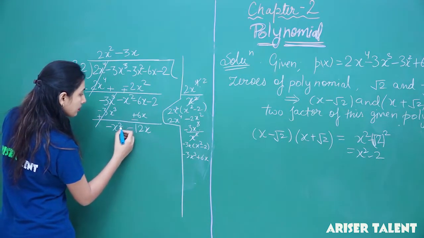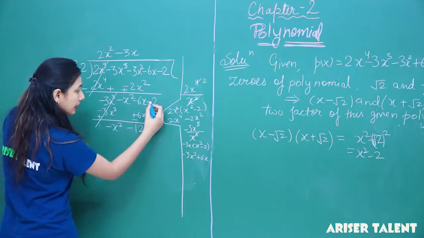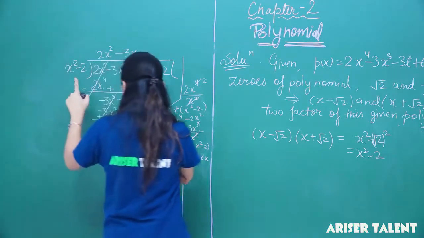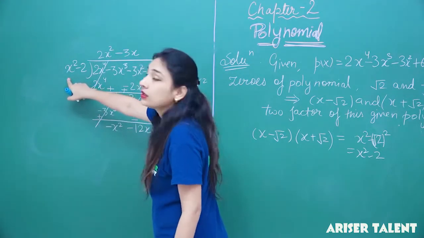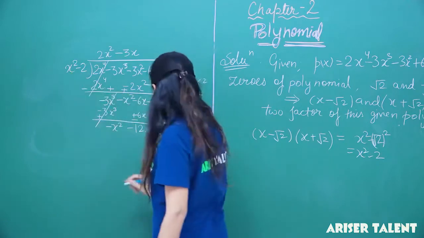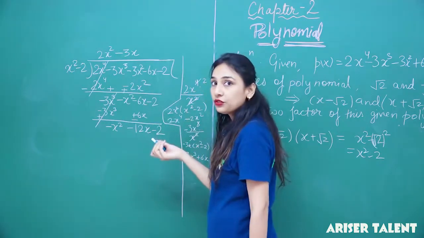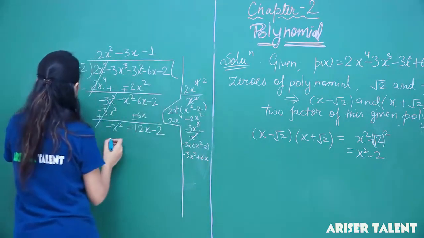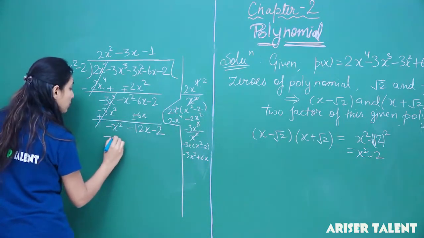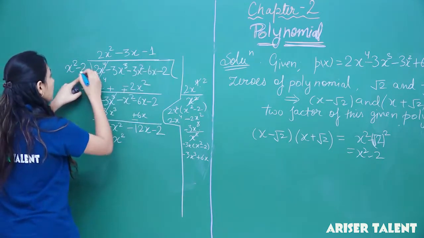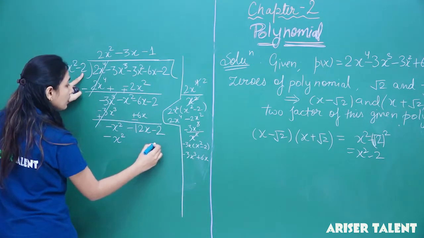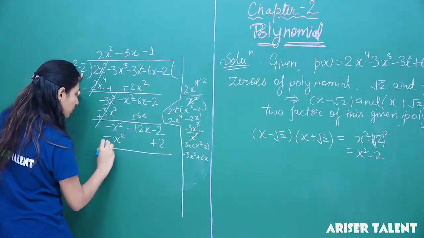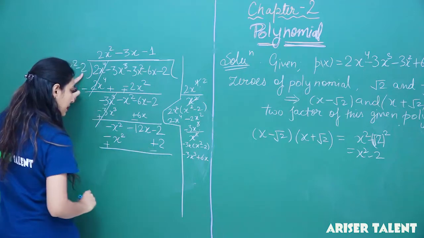Then minus of 2. Now minus of x square and only x square, so it will give you what? Minus 1. So you will write minus 1 here. So that will become minus of x square, and minus and minus plus, plus of 2. So it will give you plus and minus.